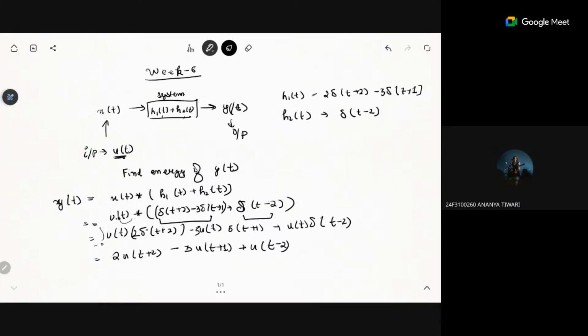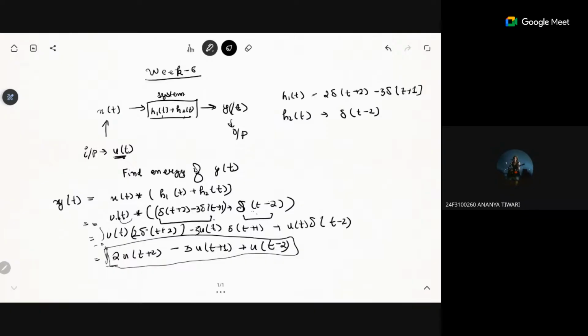So u(t) convolved with this and u(t) convolved with this, and finally after the convolution we get this. I missed that step, but it is the convolution happening, not simple multiplication.